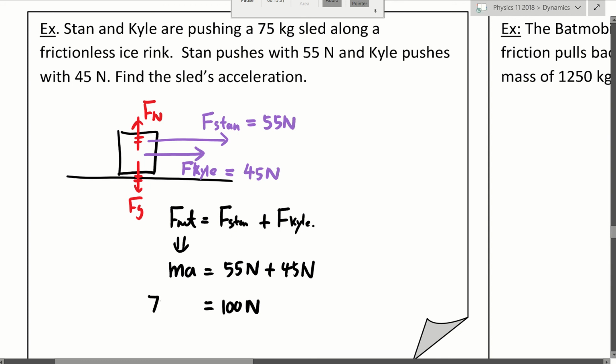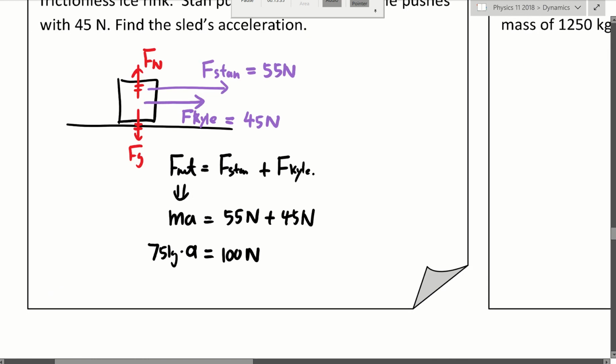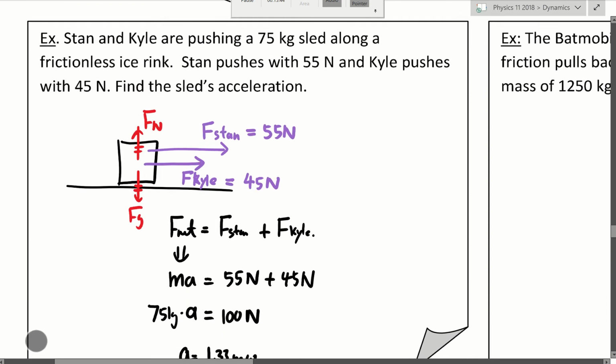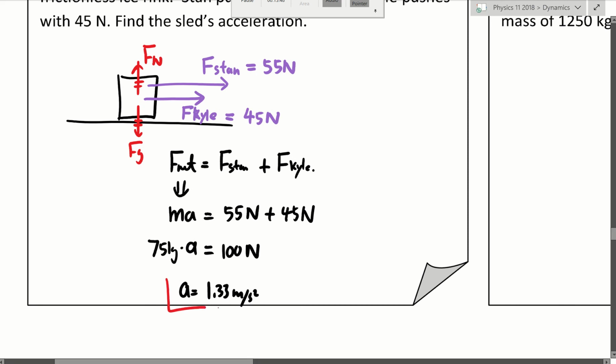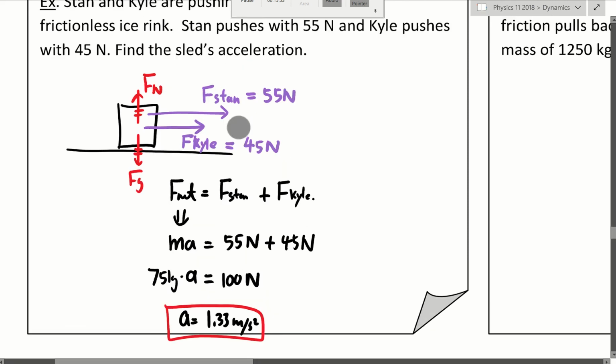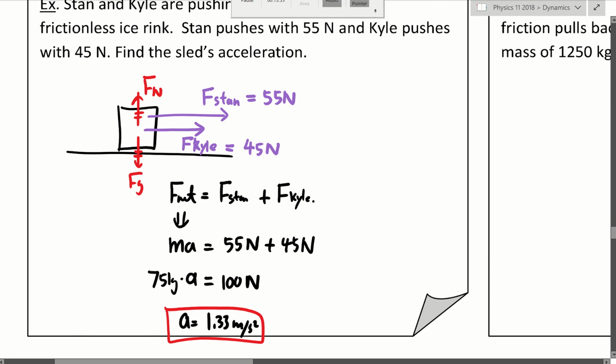The mass of the sled is 75 kilograms, and we're trying to find acceleration, so divide both sides. 1.33 meters per second squared. Direction? The question doesn't actually give us any direction, so positive, whatever it is. They didn't really say which direction is positive, so we can't just guess that. That would be it.